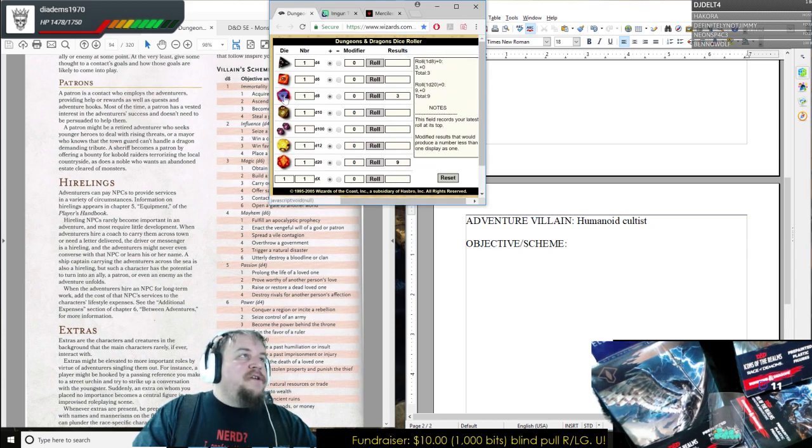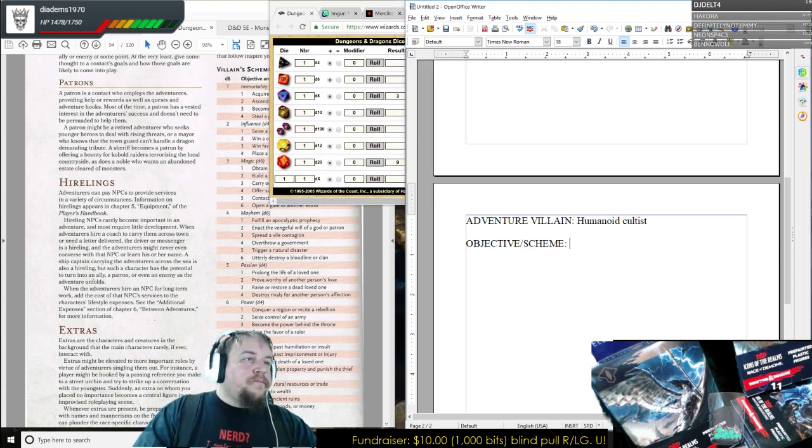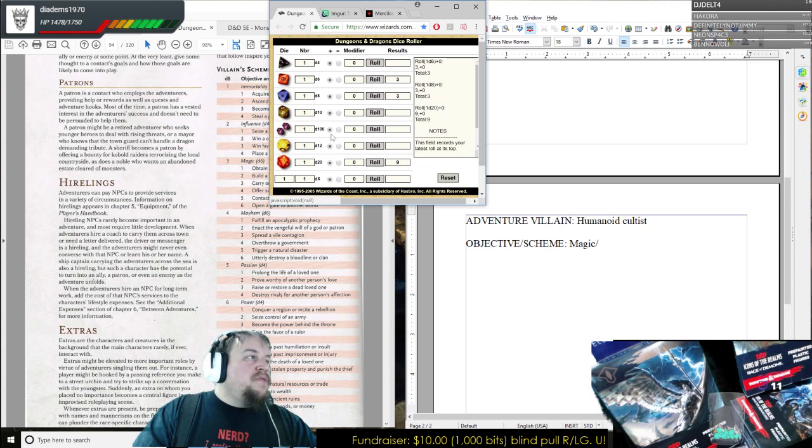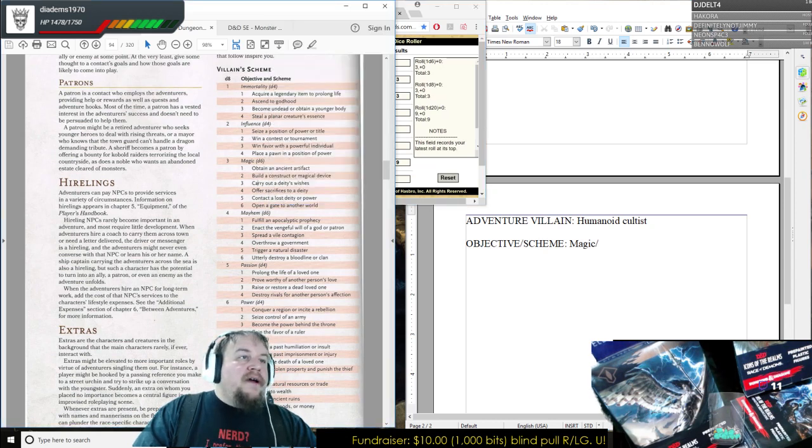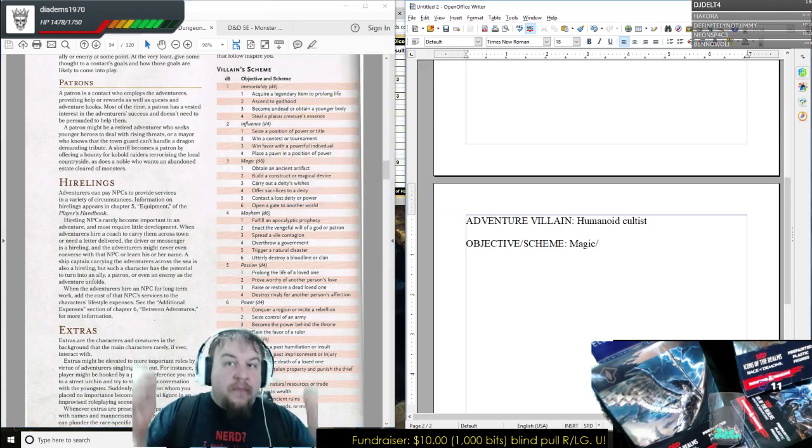A d8 first. 3. Magic. And within that is a d6. 3. Carry out a deity's wishes. Orzhov.